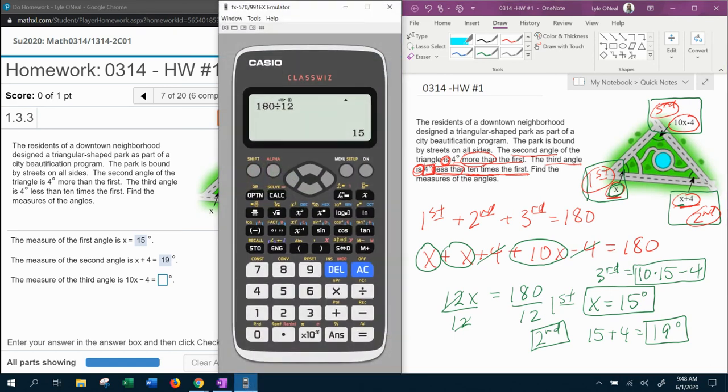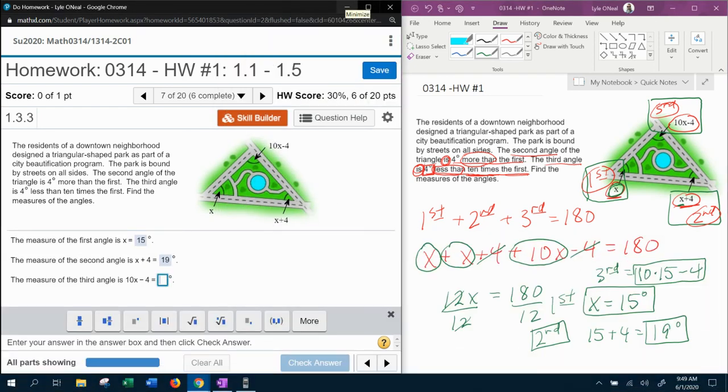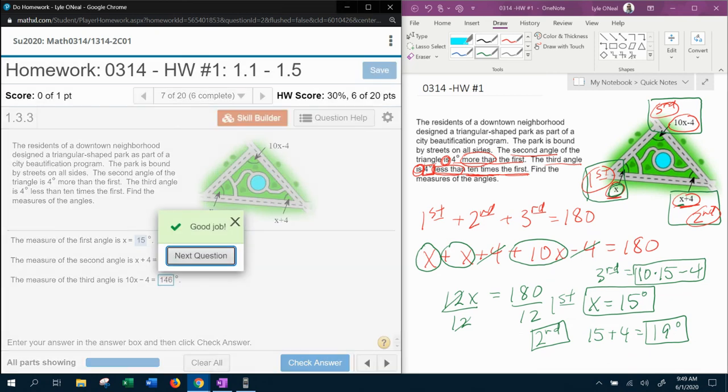That's going to be 10 times 15 minus 4. And so that last angle should be 146 degrees. Let's see if that's right. 146. Bam. And if you weren't sure, one of the ways, remember, you can check is you can add all of those angles up to see if they actually make 180, okay? But obviously we were right. We got it right.